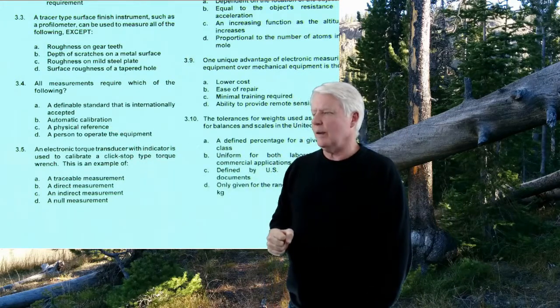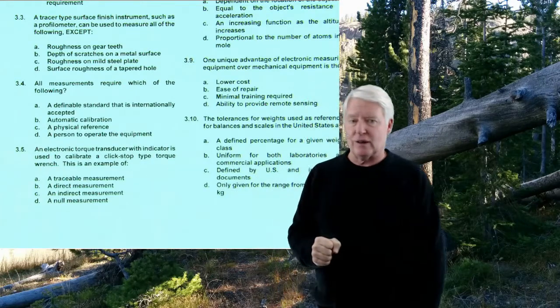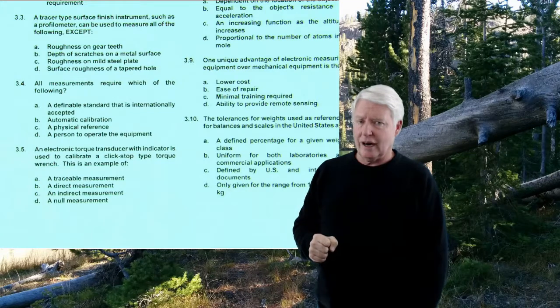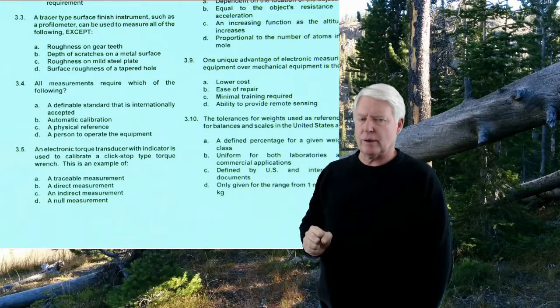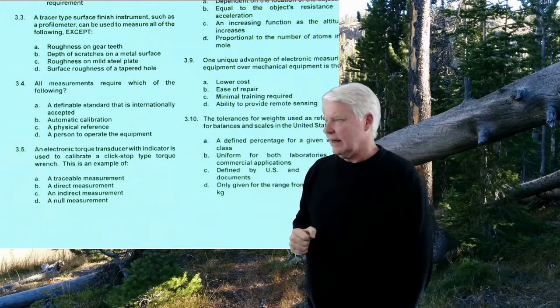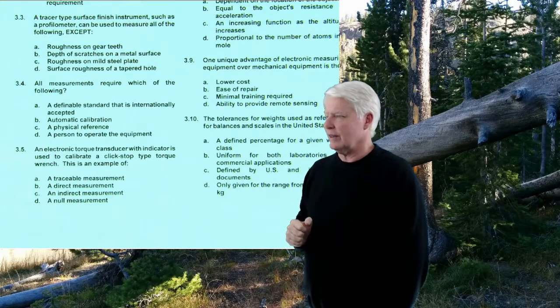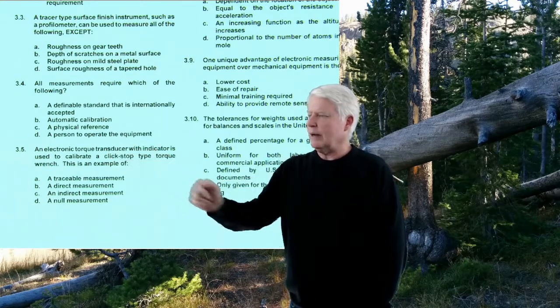Automatic calibration? No, not all. A physical reference? No, not everything is a physical reference. In fact, most are not. Most standards are experiments created in a lab, such as length is wavelength of light. I think the mass is the only one that has a physical reference. A person to operate the equipment?